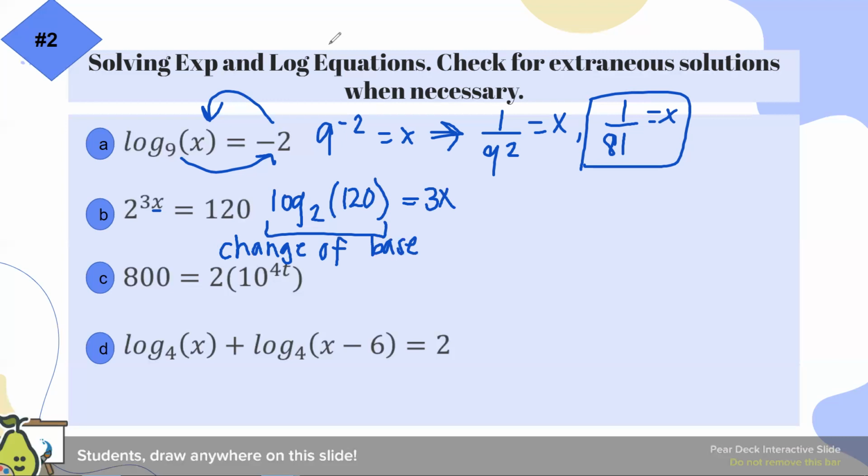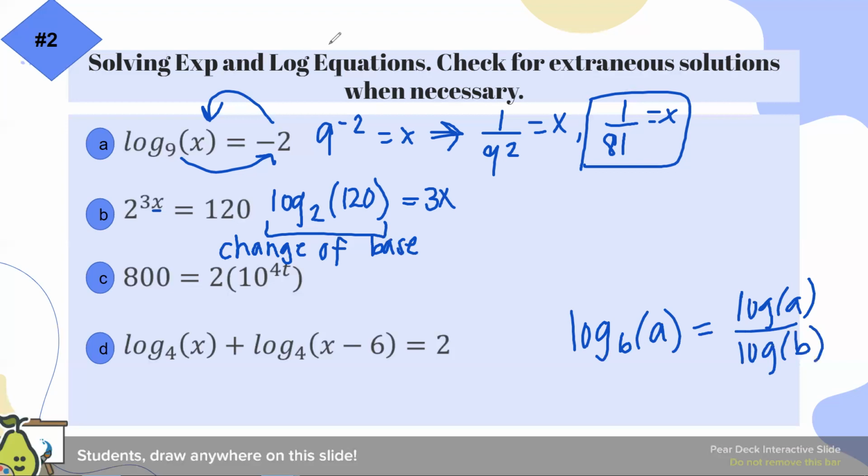So change of base says that if you have log base b of a, you're going to put log of a on the top, log base 10 of a, and log of the base on the denominator. So if I use change of base, this entire argument becomes, I always say the big number goes on top, log of 120 divided by log of 2.